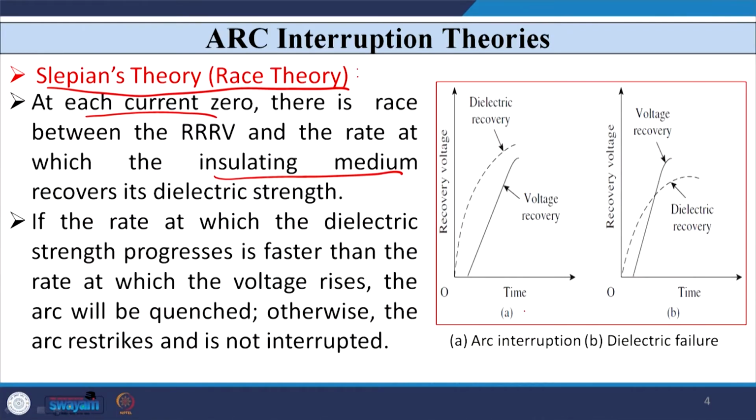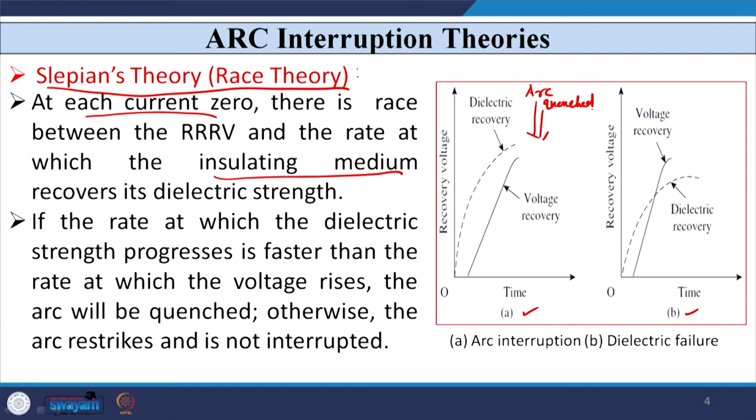You can see on the right hand side a figure with two parts, part A and part B. In part A, the rate at which the dielectric strength of the insulating medium recovers is greater than the rate at which the restriking voltage changes with time. As the dielectric recovery is greater than the voltage recovery, the arc is definitely quenched.